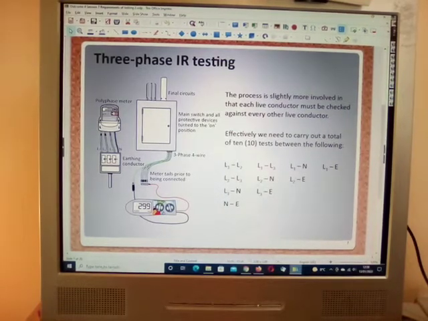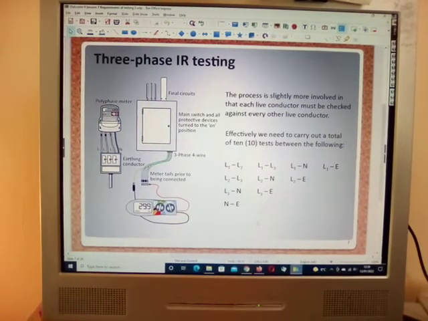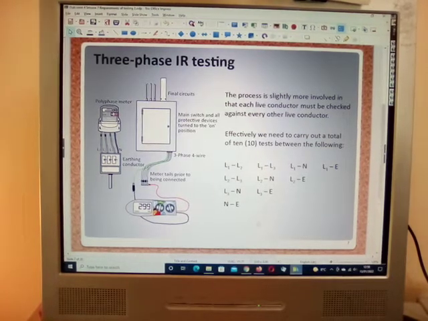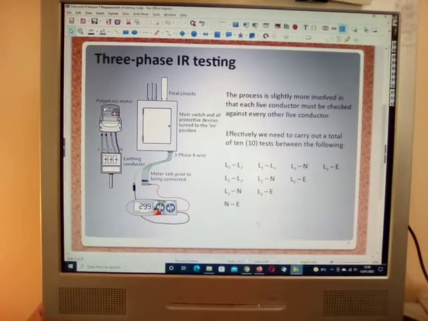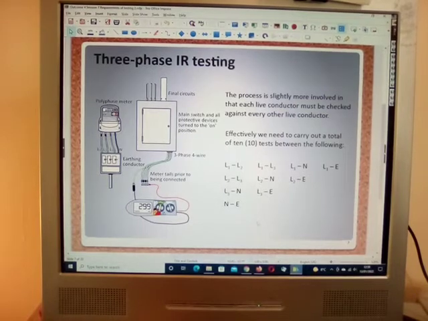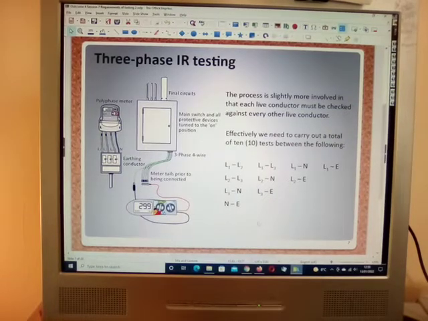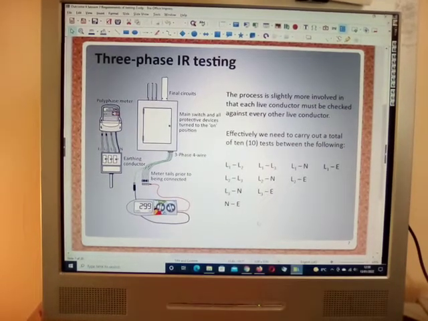Look at three-phase IR testing. What this is actually telling you is that it's three-phase testing: L1, L2, L3, and three-phase and neutral systems. All it's showing you here is how that process should be carried out.